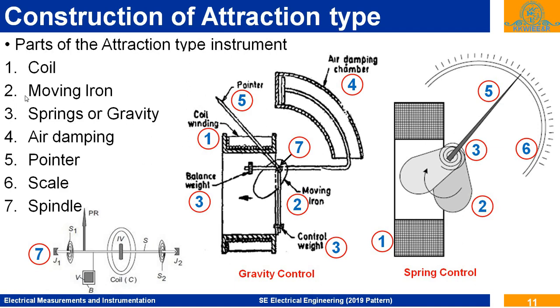Second, there is a soft iron piece. This oval shape is the soft iron piece. This is the initial position without current, and it will move inward. So this is the moving soft iron piece.